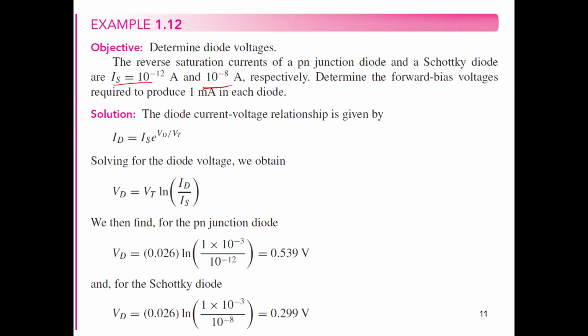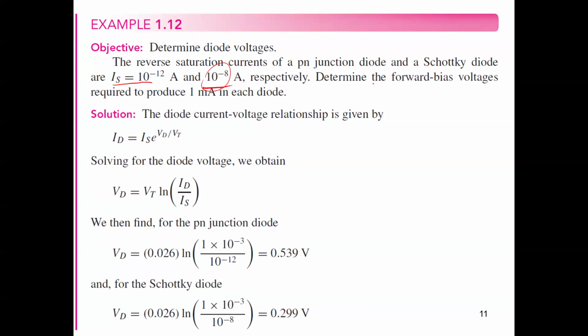So the PN junction diode is 10 to the power minus 12 and the Schottky diode is 10 to the power minus 8. As you can see, the saturation current of the Schottky diode is relatively high compared to the conventional, or let's say the traditional, general purpose diode.